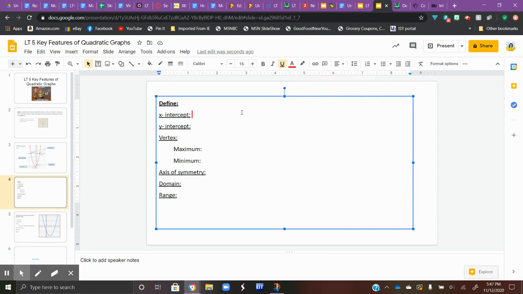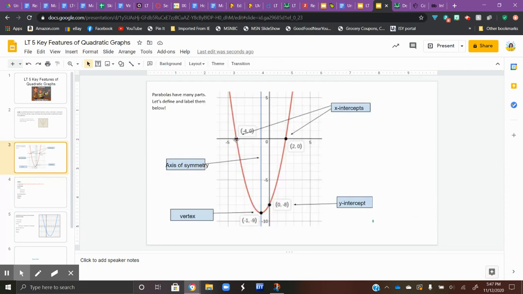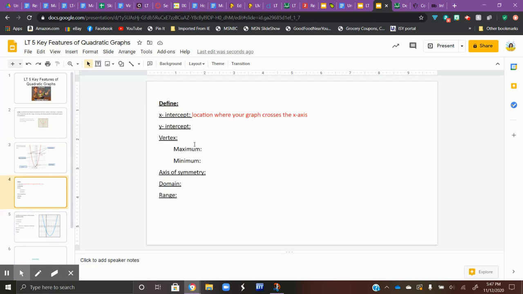An x-intercept is defined as the location where your graph crosses the x-axis. On our previous graph, flip back here for just a second, that means at (-4, 0) and (2, 0), those 2 places where your graph crosses the x-axis.